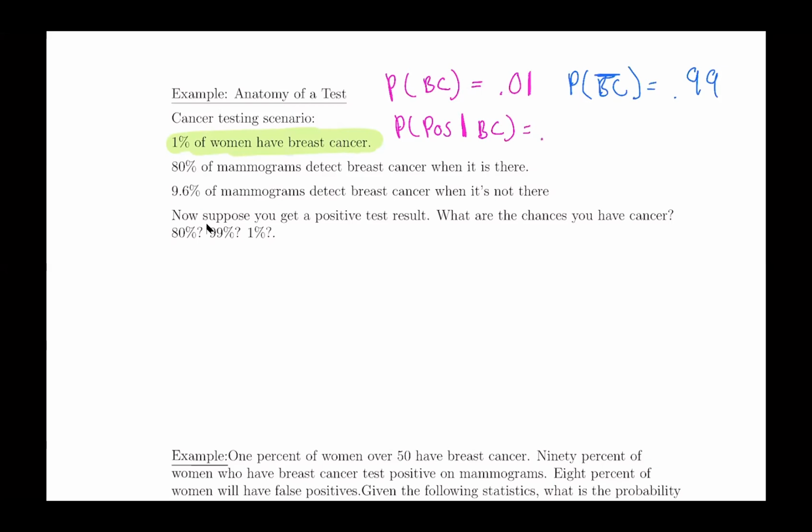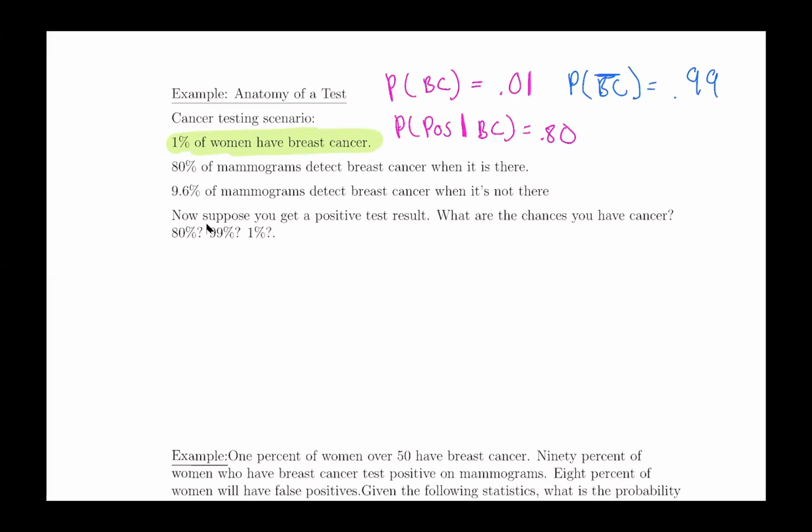So that would be 0.80. The second line is telling us we do have breast cancer, and this is the percentage of the time you'll get a positive test result. Any question in regard to why we put the probability of positive given BC?